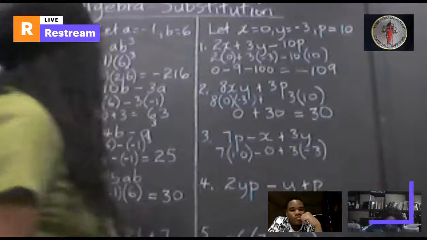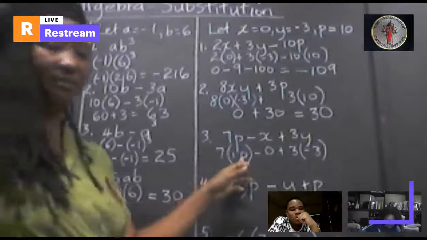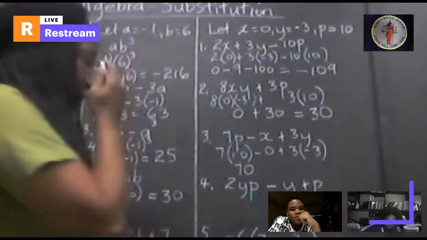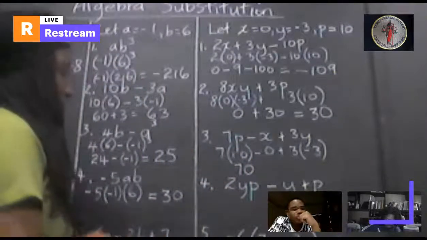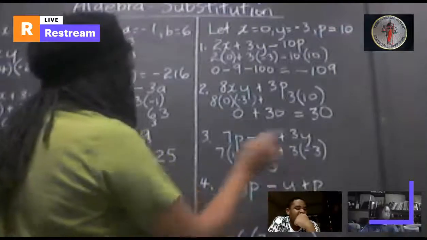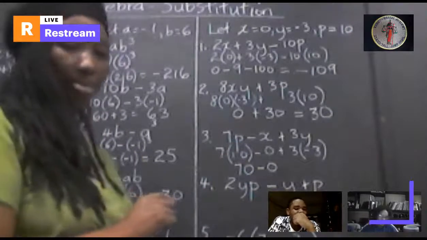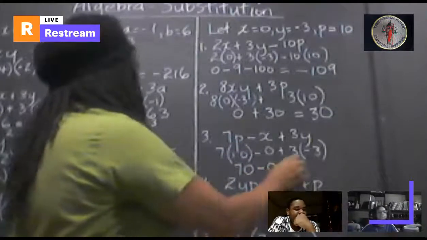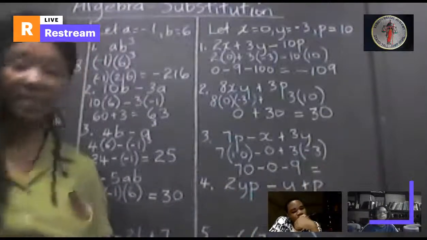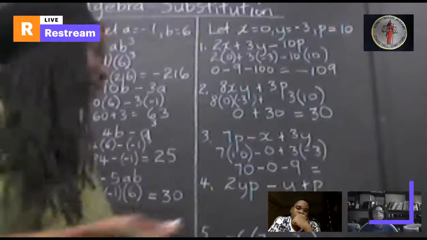The 7 times 10 gives 70. And 3 times negative 3 is negative 9. So 70 minus 0 minus 9 is 61.